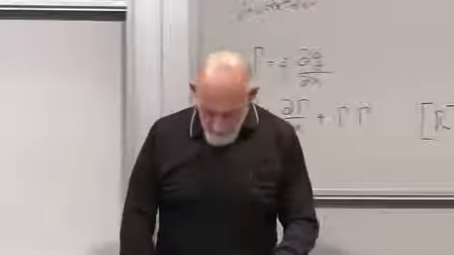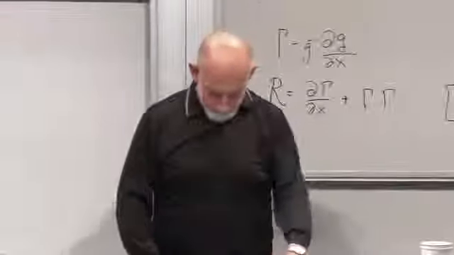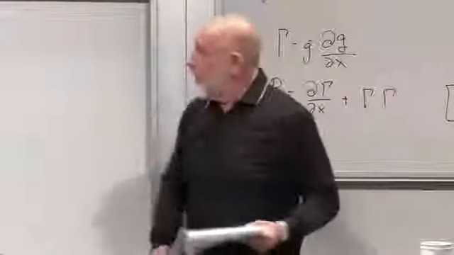Let's study that a little bit. Okay, so we'll go back to something we talked about last time. I more or less outlined it for you, but let's do it again.